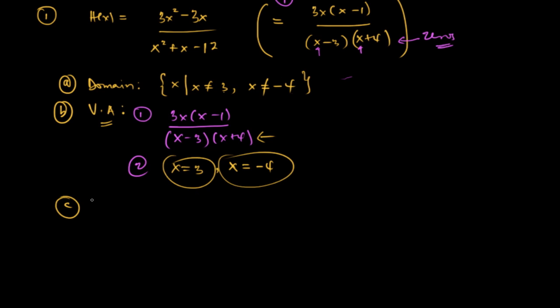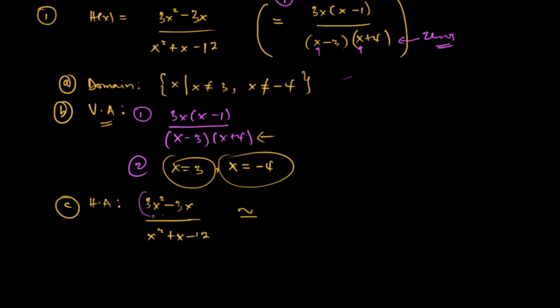Lastly, to find the horizontal asymptote, we want to find the long-term behavior of the function. To determine the long-term behavior, all we need to do is approximate both the numerator and the denominator by their leading terms.